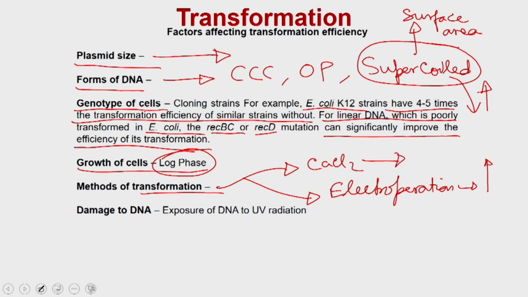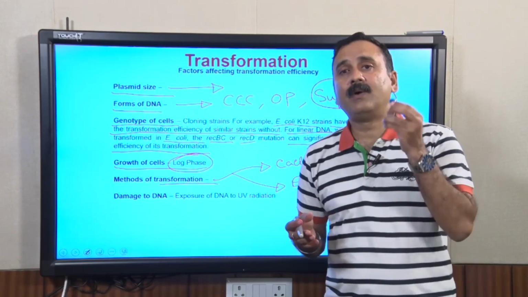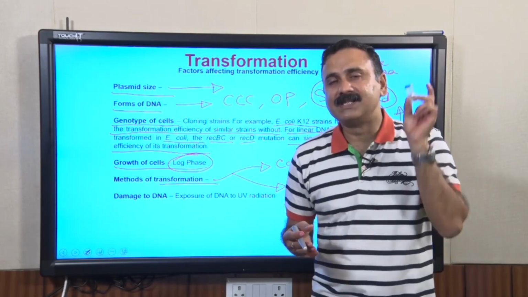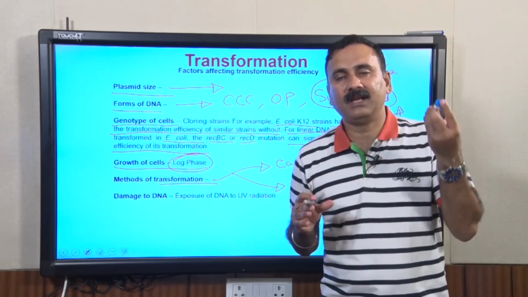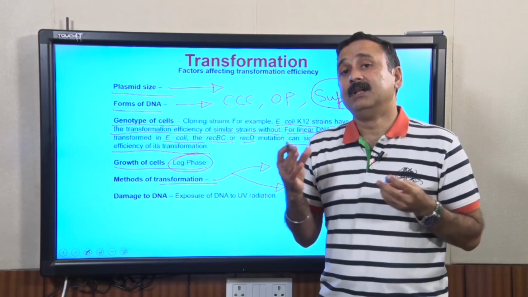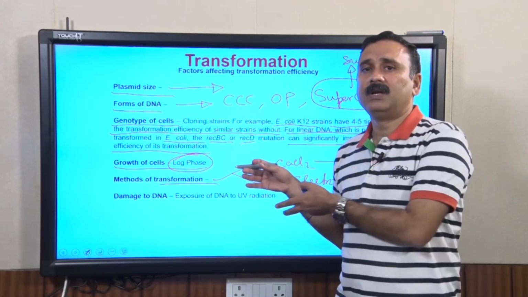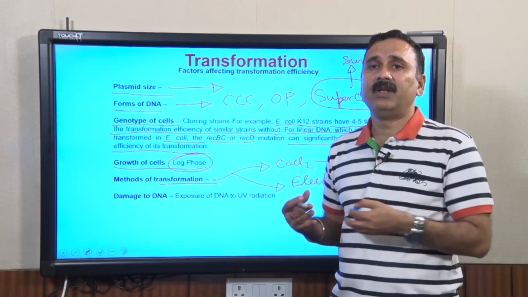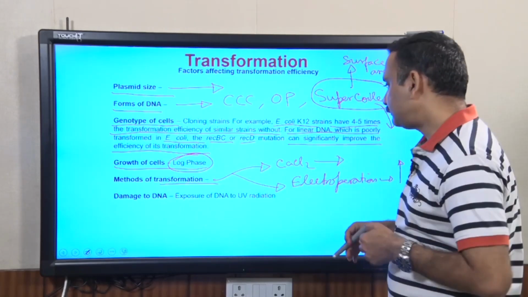The only difference is that the calcium chloride method does not require a very high-end and costly electroporator, and it also does not require transformation cuvettes, but in the case of electroporation you require these materials to perform the transformation. But the transformation efficiency you get with electroporation is going to be way more compared to the calcium chloride method.